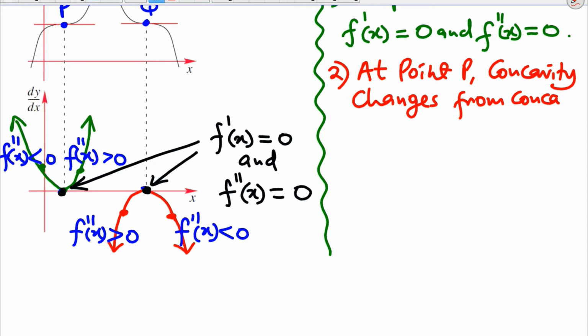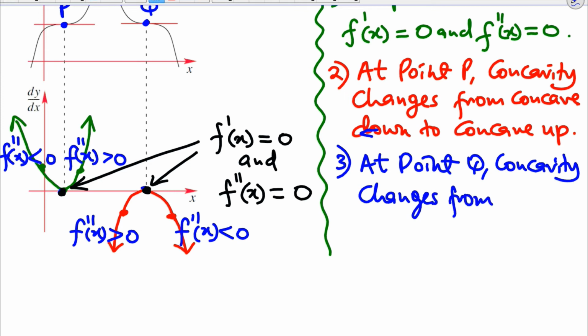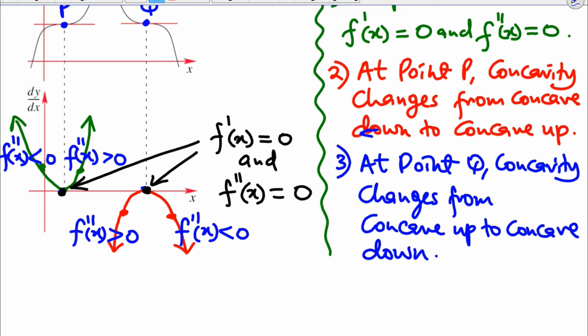Another thing we can notice is that at point Q, concavity changes from concave up to concave down.